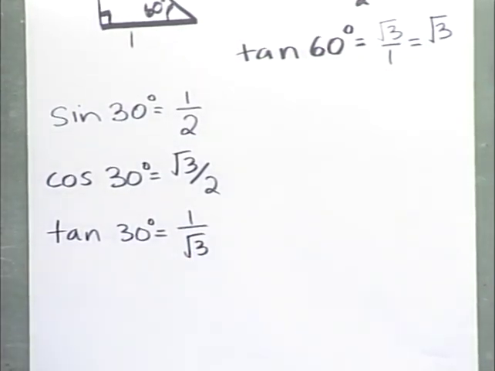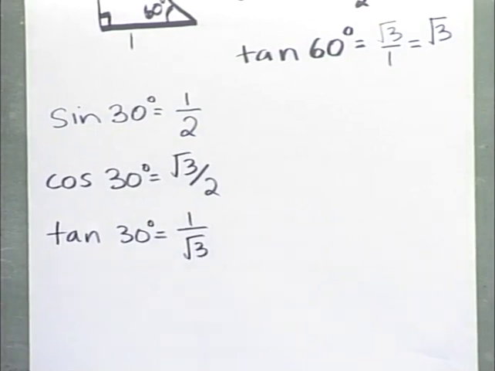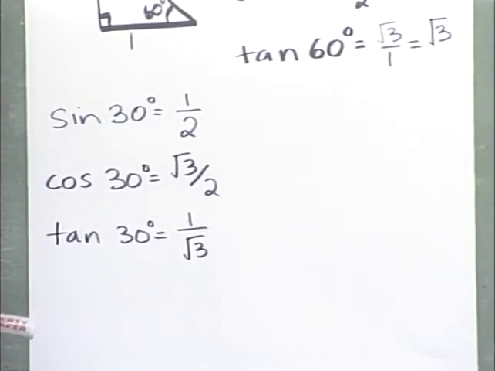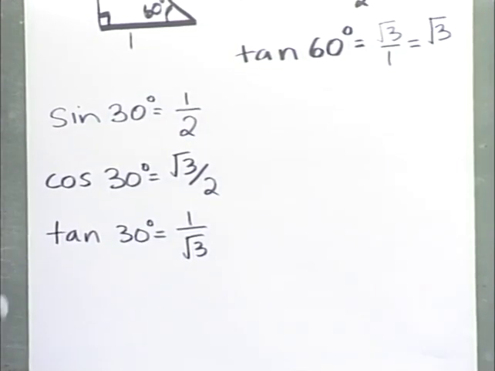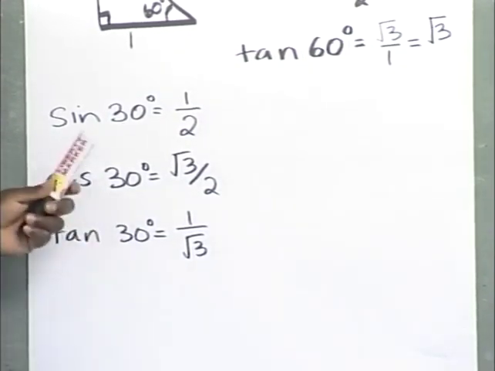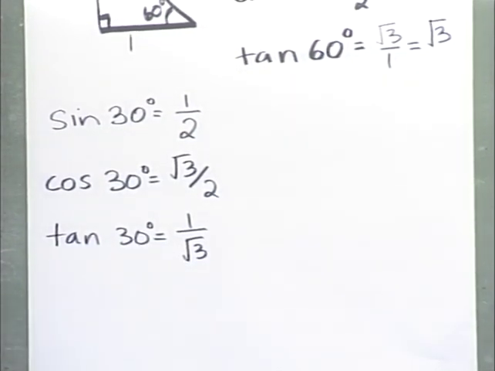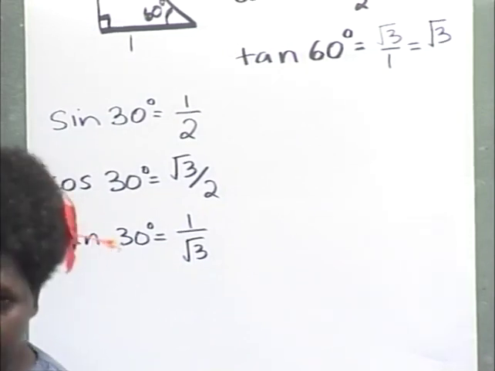All right, I want you to have a look at these values and see if you can work out any relationship between 60 and 30 degrees. Look at the exact trig ratios. What can you see? George, what's the first thing that you can see?